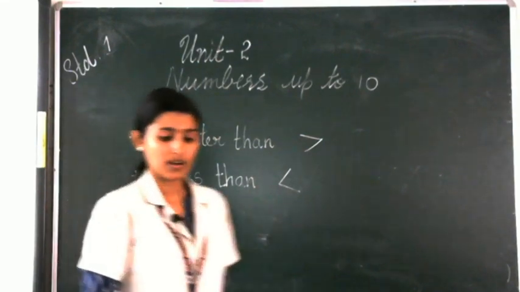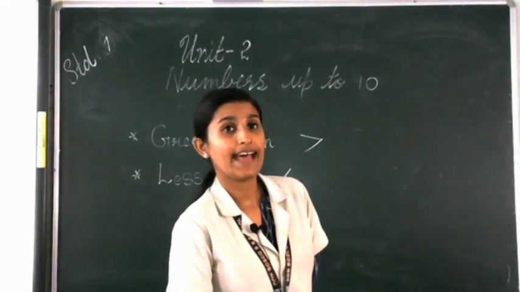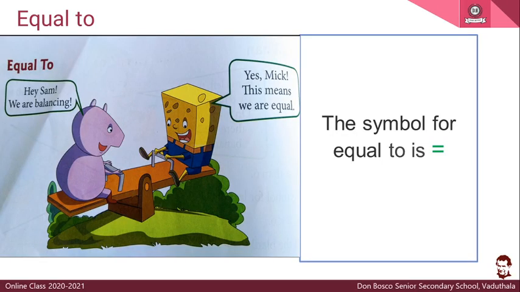Now one more concept we want to study, that is the concept of equal to. Did you go to the park? Yes, right? What all things have you seen there? Seesaw, swing and trees.